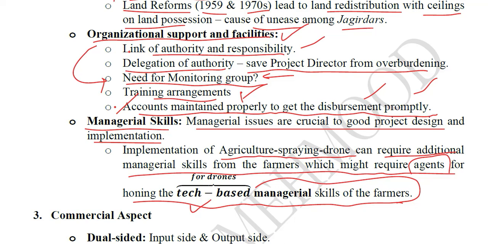They should be better managers of how this spray should be done and how they should manage their farms. So managerial skills can require updation, and for that they should be given training, or with their existing managerial skills, the human resource should be effective.